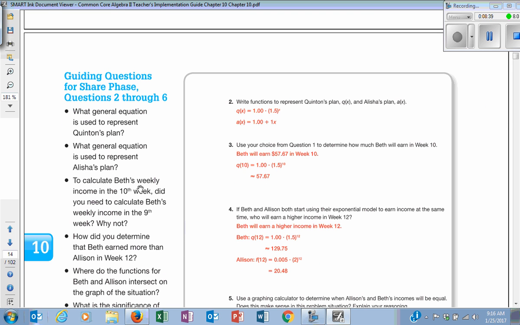And so then this is the other plan, which would just be 1 plus 1 times the x. Notice where the x is. This x is in the power. This x is just a multiplier. It's going to be a huge difference.